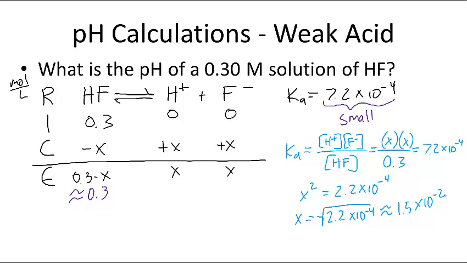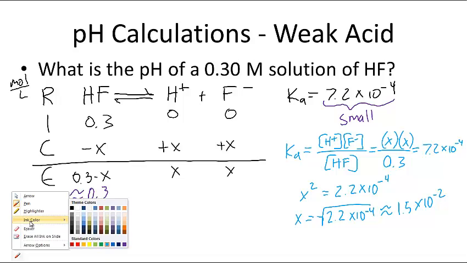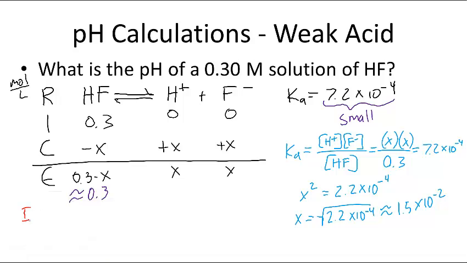All right. Then we've got to ask ourselves, even before I ask myself what the pH is, is this an acceptable approximation? So is 0.3 minus, well, 1.5 times 10 to the negative 2 is 0.015, right?